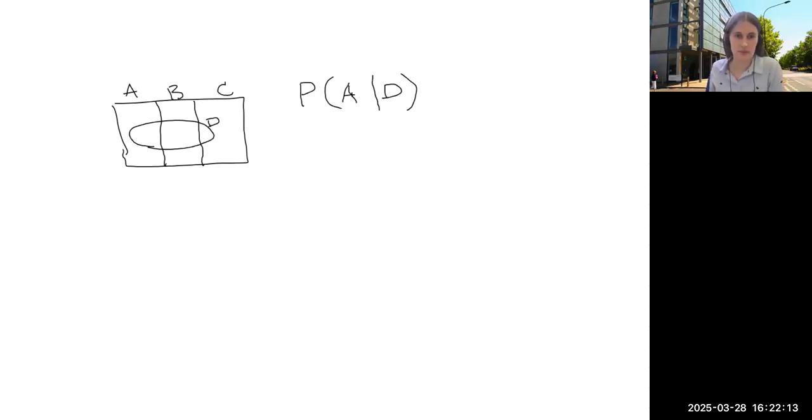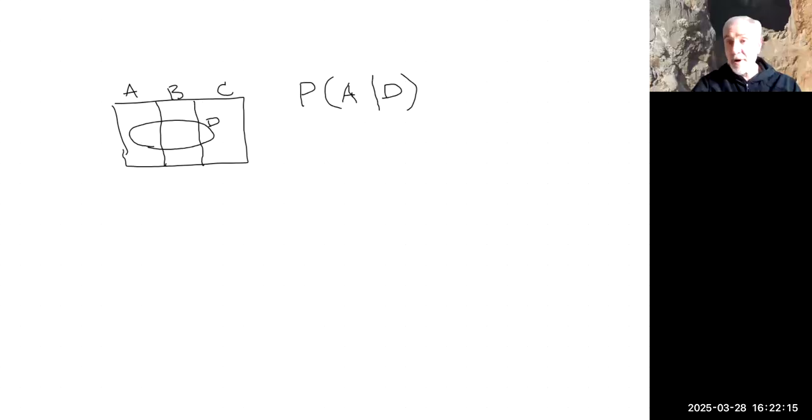All right, cool. So how can we do this? Well, according to our conditional probability, we can say that's just the probability of coming from A and being defective. Let me erase that.